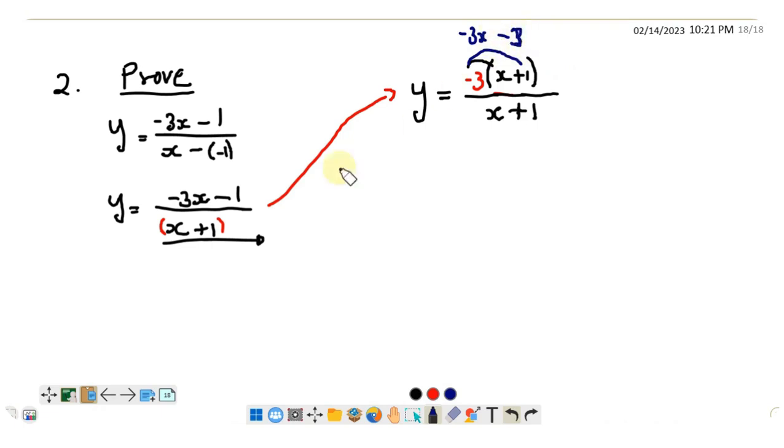But this can't be true, because it has to be negative 1, not negative 3. So how can I make it negative 1? I have to add positive 2, because negative 3 plus 2 will give us negative 1.